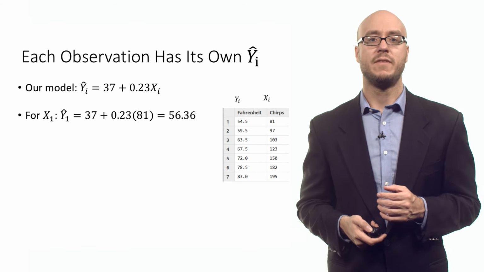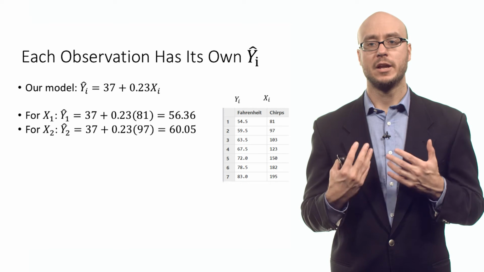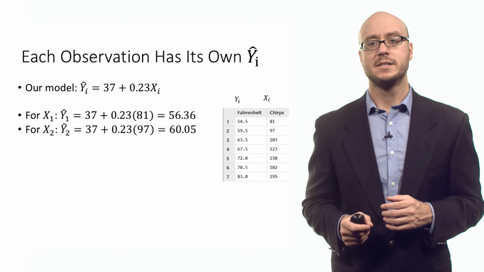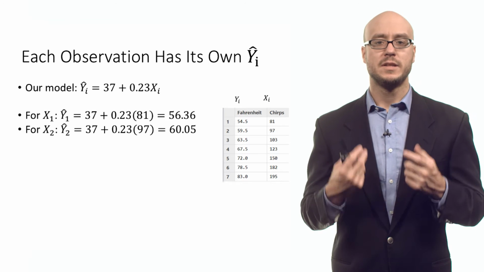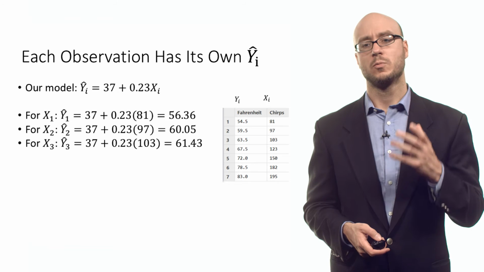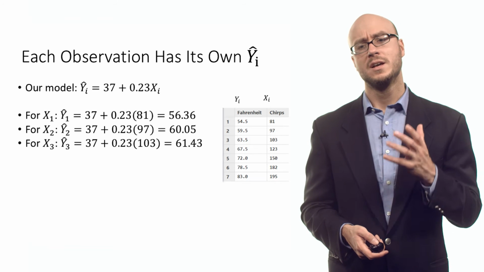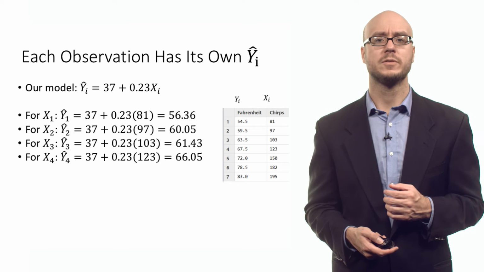That's our fitted value. That's our y hat. For the second row in our data set, when x is 97, when the number of cricket chirps per minute is 97, the expected temperature is 60 degrees Fahrenheit. When x is 103, when there are 103 cricket chirps per minute, the expected mean temperature is 61.4 degrees Fahrenheit.